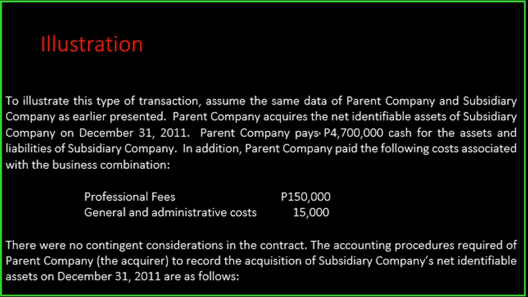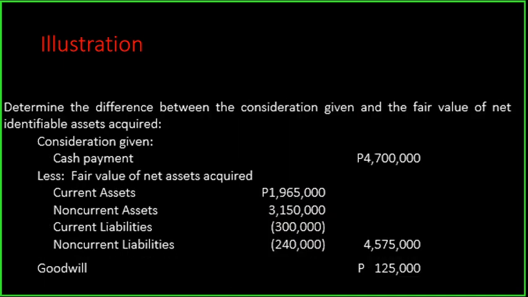Assuming the parent is now going to pay 4,700 in cash, you have the following expenses. Let's compute for the goodwill. Consideration less fair market value of net assets acquired is positive. Therefore, that is now your goodwill. Let's try to record that.